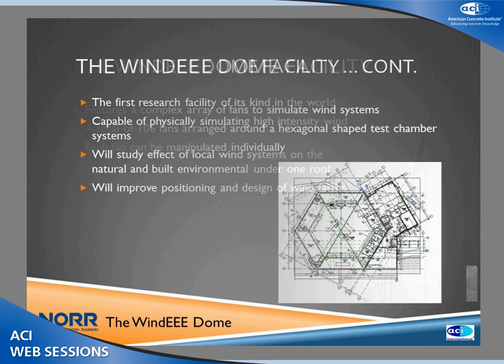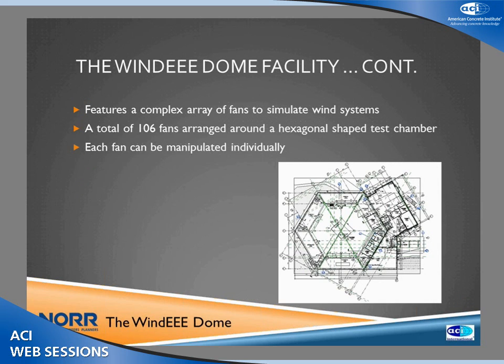The simulated wind will be achieved by a complex array of fans arranged around a hexagonal test chamber, the inner hexagon in the image. Each of the walls of the test chamber will consist of a steel rack with a number of fans inserted into this, so the fans will be rotated and so on to create the different wind effects.